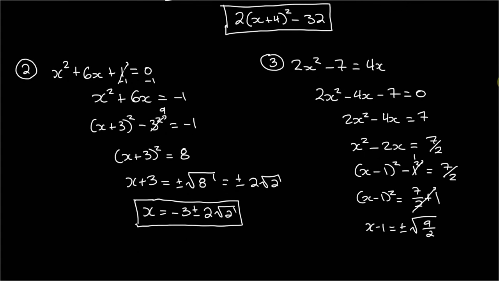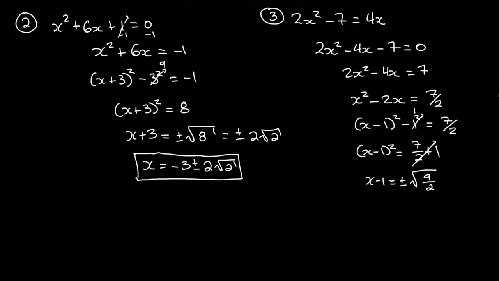And so we can still simplify this a bit more, because root 9 over 2 is the same as root 9 over root 2. And so we can rewrite this as x minus 1 equals plus minus root 9 over root 2. And I'm not going to skip any steps, just to make it all explicit.